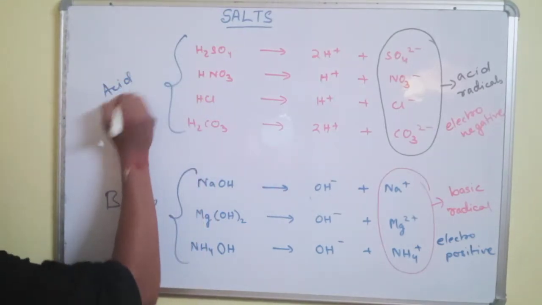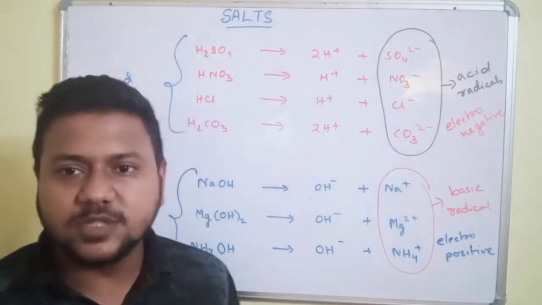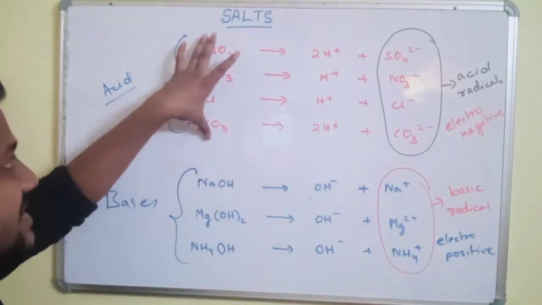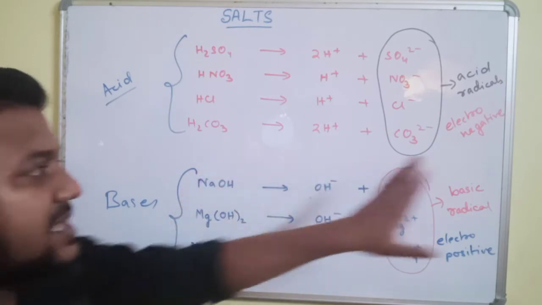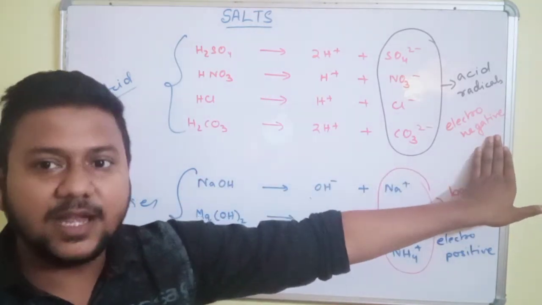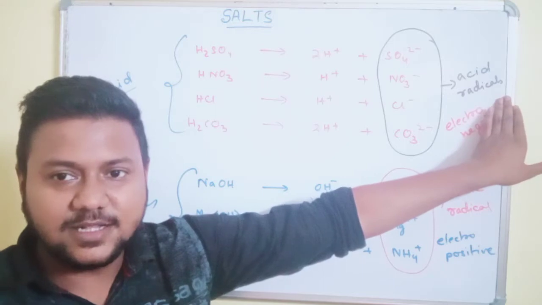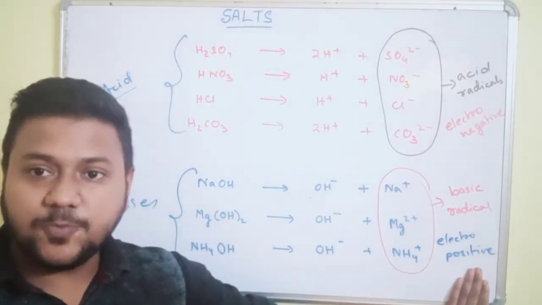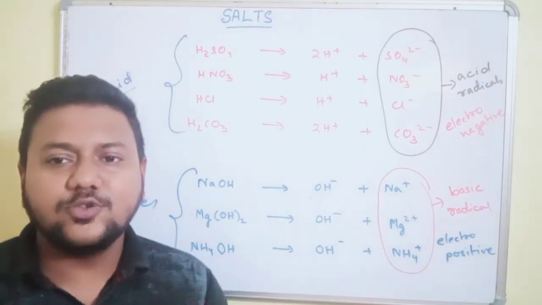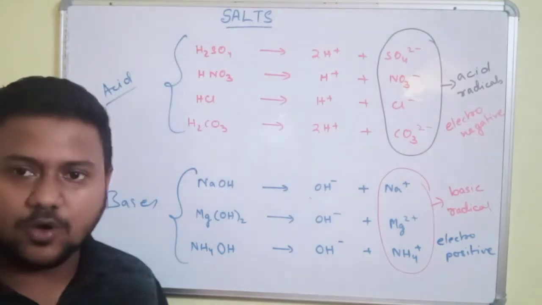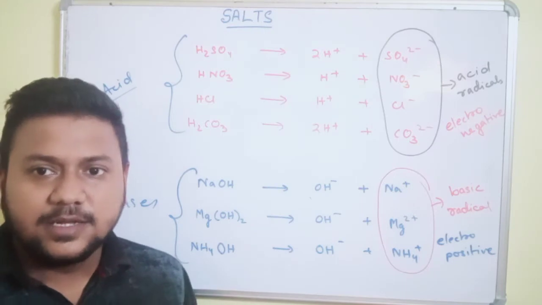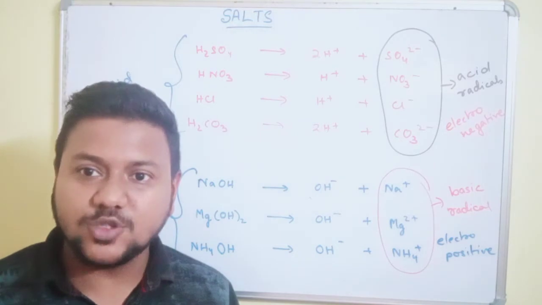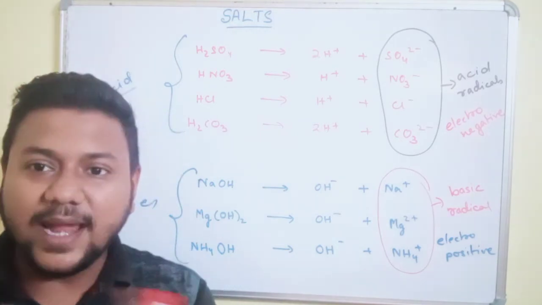So you have to make it clear that acids, when they react with bases, give away their electronegative radicals, the acidic radicals, which combine with the basic radicals, the electropositive radicals, leading to the formation of salts. Clear?